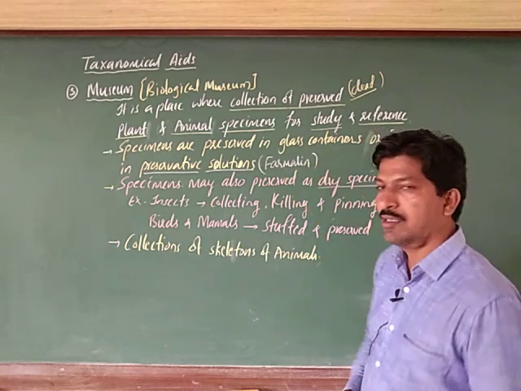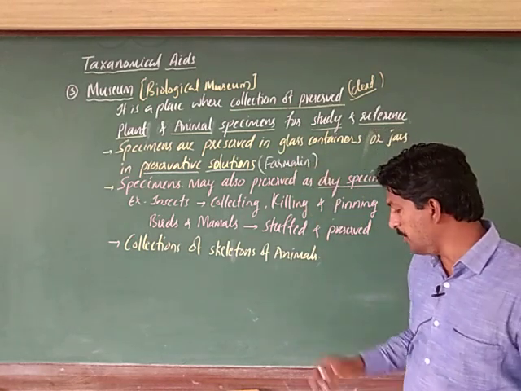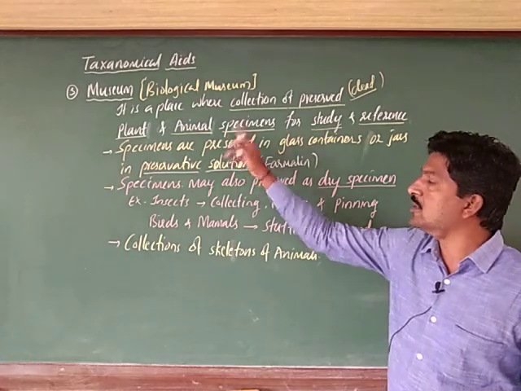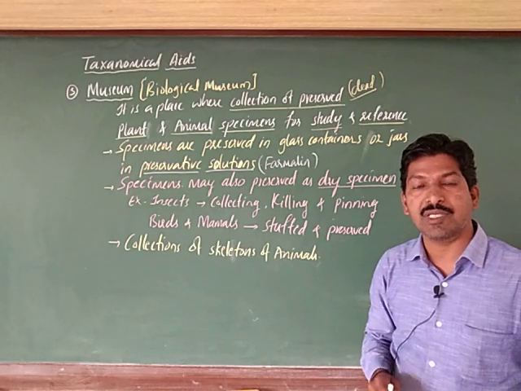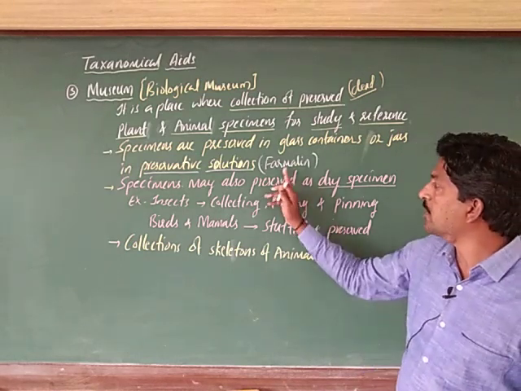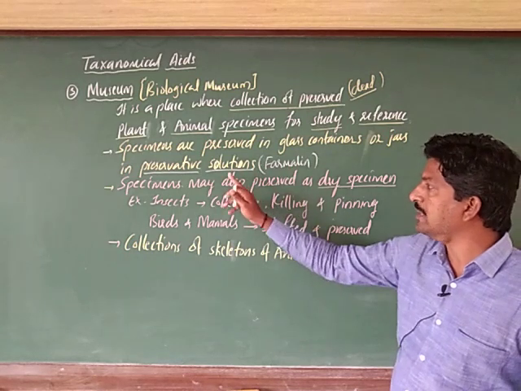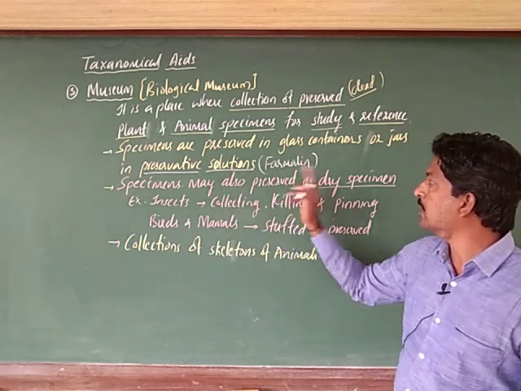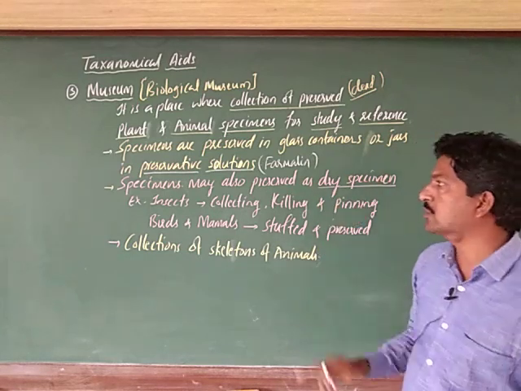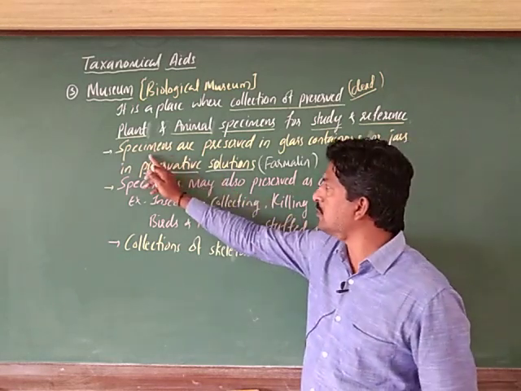Formalin is a transparent liquid which does not allow the preserved specimen to decay. That is why preservative solutions are used to store these animals or plants. That is the second line you should remember.